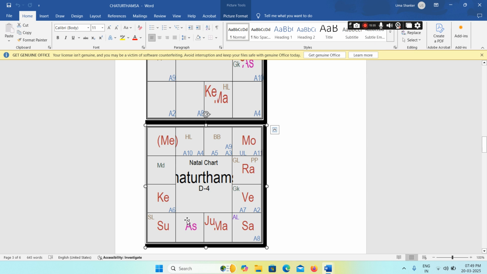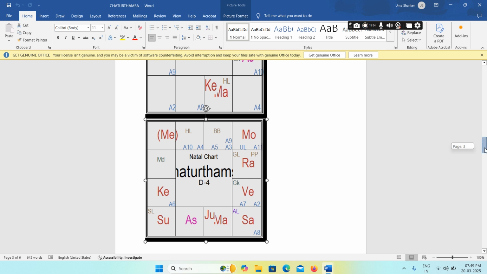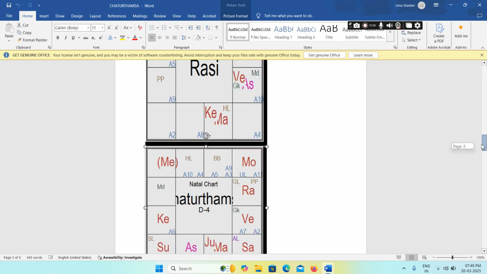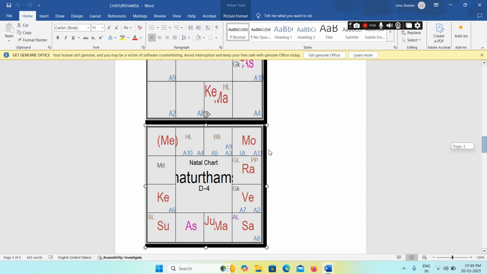Now, what about the eighth lord going and sitting in the fifth house? Eighth house is all about transformation. Eighth house is all about prarabdha karma. It's going and sitting in the fifth house and retrograde. Any planet which is debilitated and getting retrograde, it denotes that it is like exaltation. And it is aspecting your 11th house.